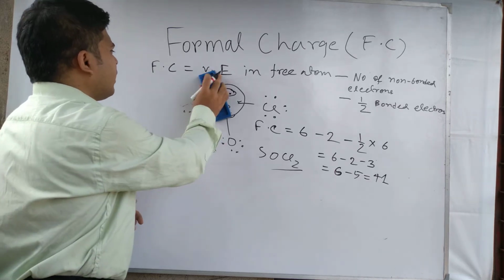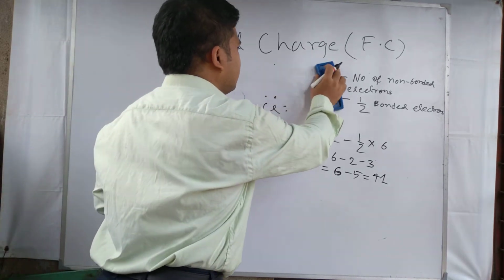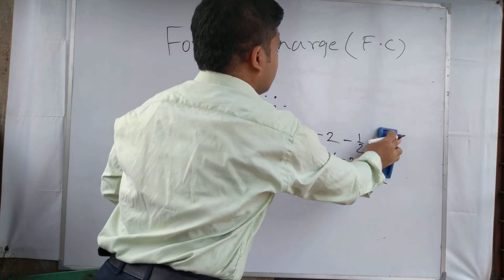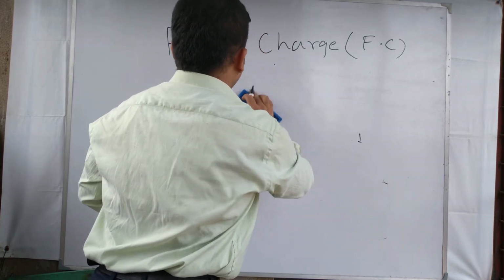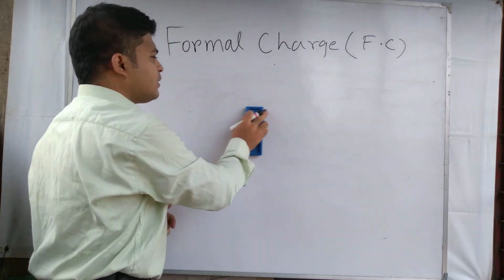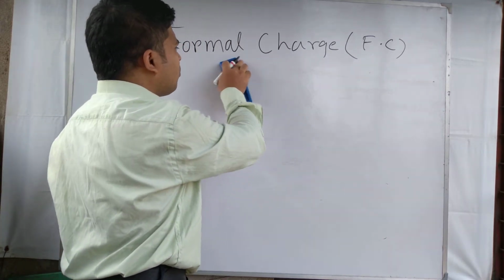Okay, we take another example to see how we can calculate the formal charge on each atom in a molecule. Do you understand what the formula of formal charge is?